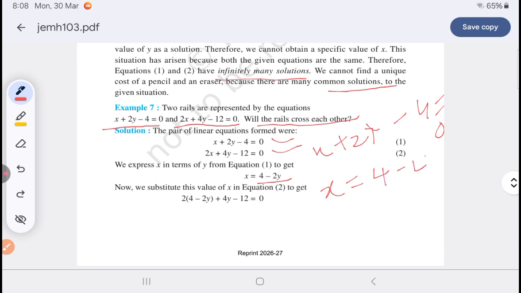So you'll get 4 minus 2y. Then substitute this into equation number 2. So 2 in the place of x you write 4 minus 2y, then plus 4y. So this is an equation in a single variable.